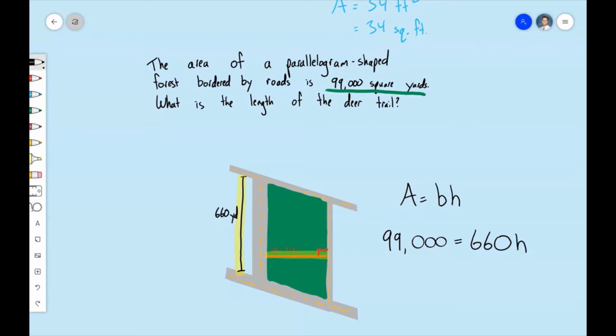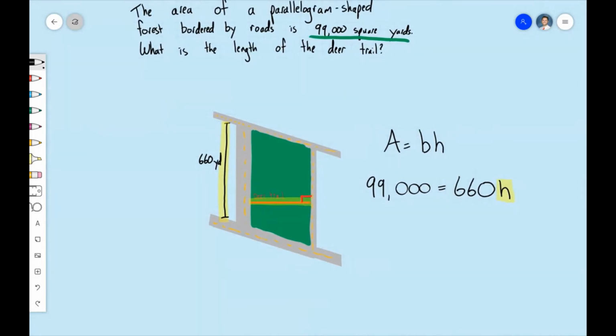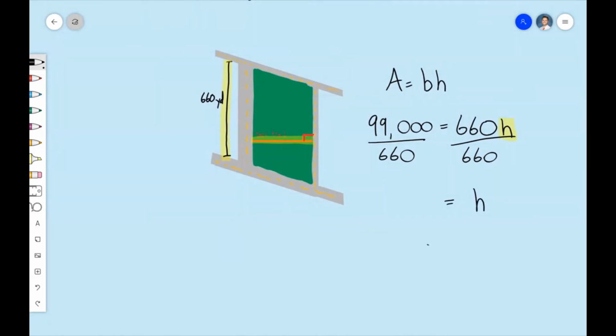As we have all been practicing, we know how to solve this algebraically. If I want to know what H equals, I need to isolate H. In order to do that, I divide both sides by 660. So my height will be equal to 99,000 divided by 660.